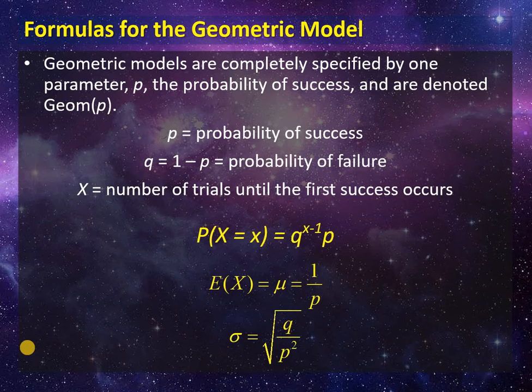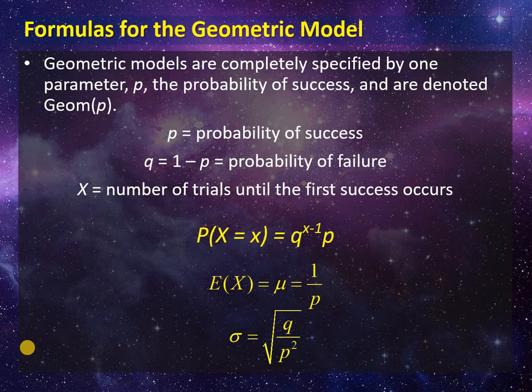We denote the probability of success, what you're looking for, not necessarily good or bad, as P. Some textbooks don't even bother with Q. Some textbooks do P and the opposite of P, 1 minus P. I figure, hey, Q is a lot easier to deal with. Either you got it or you didn't. They add to 1, boom. Capital X is what you're going to define as the number of trials until your first success.